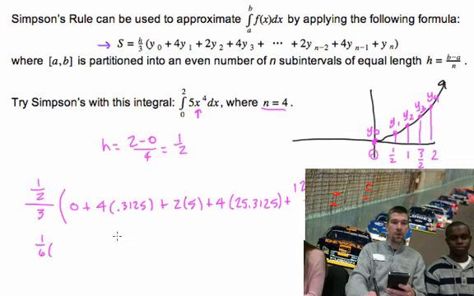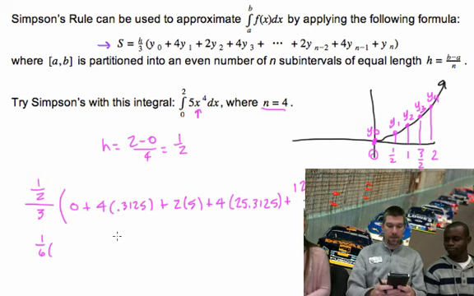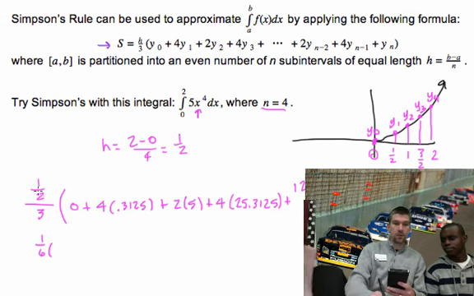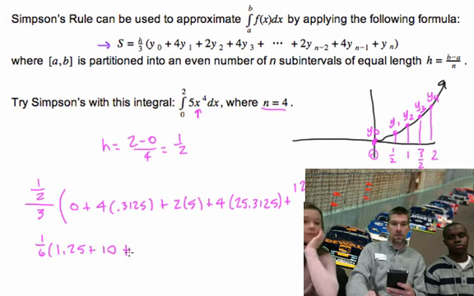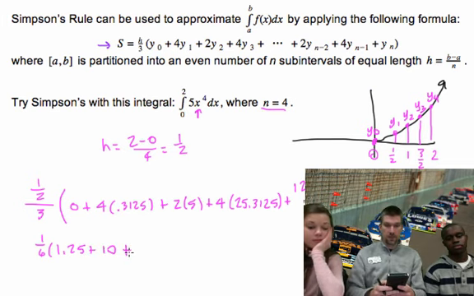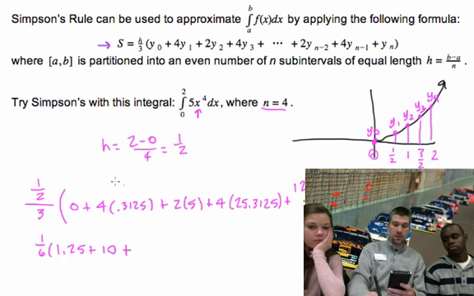And then what we're going to have is 1/6 times all of those. So 0, we don't need to worry about him. 4 times 0.3125 is 1.25. Plus 10, plus 4 times 25.3125, which is 101.25, plus 1280.